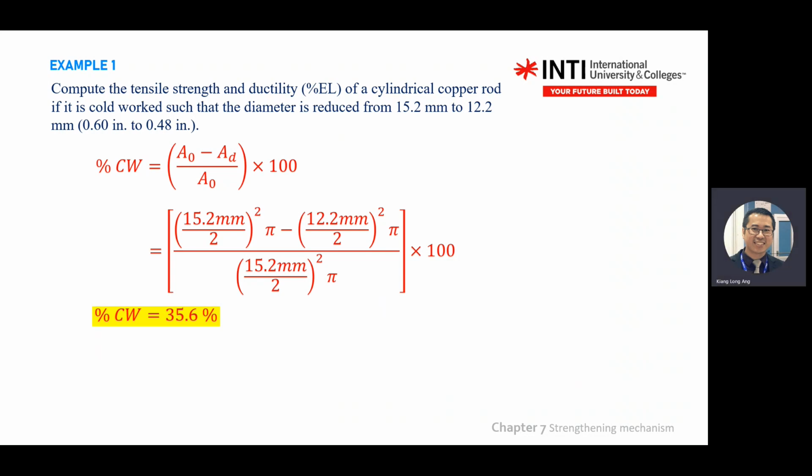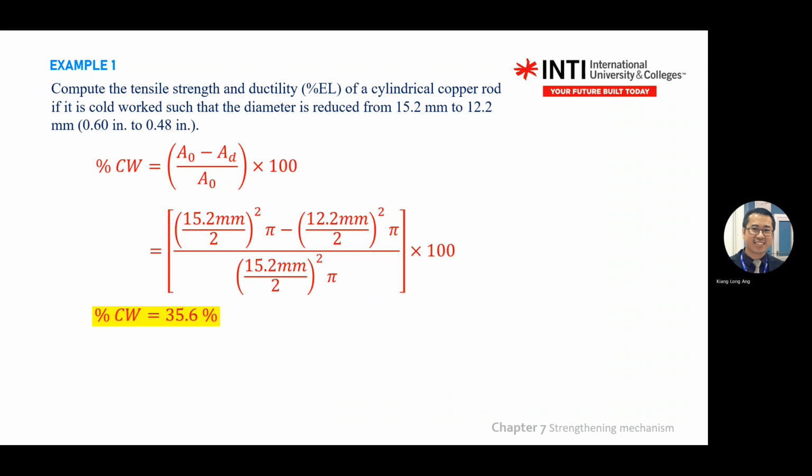No. They give you what? This is the diameter. Clear up, or you jam already. The question gives you the diameter. D1 is 15.2. It becomes smaller, D2, 12.2 mm.